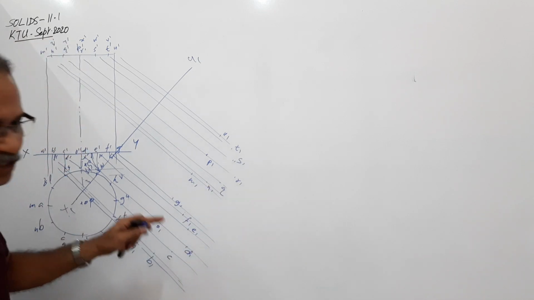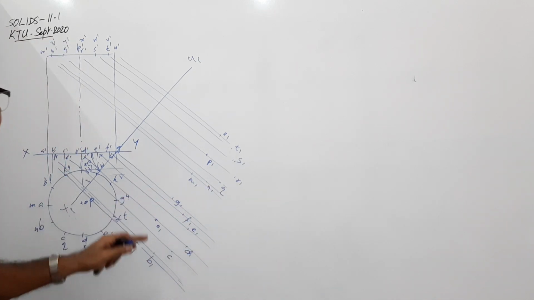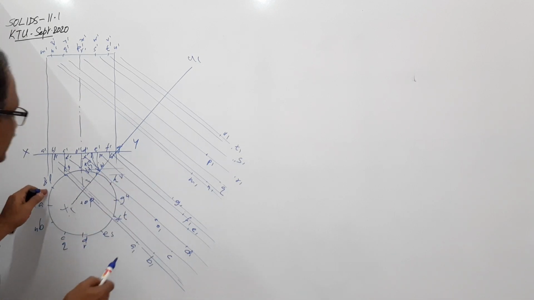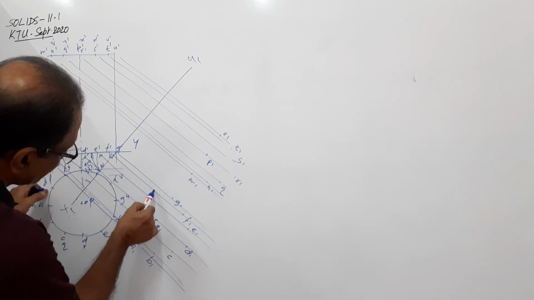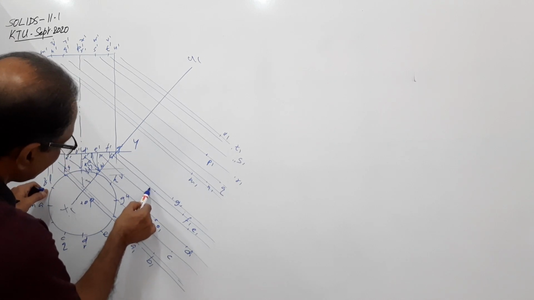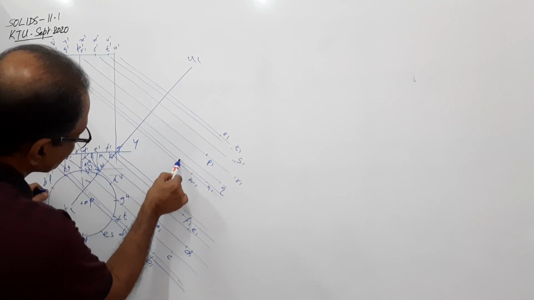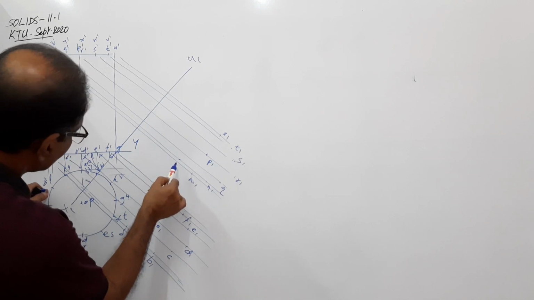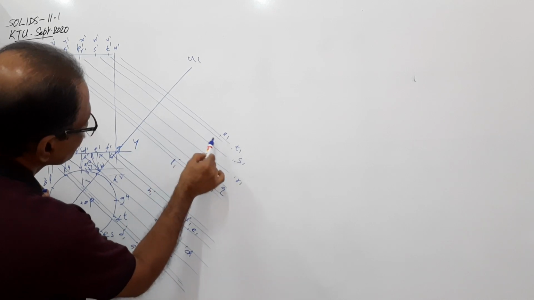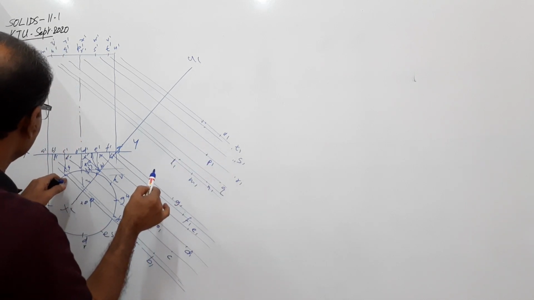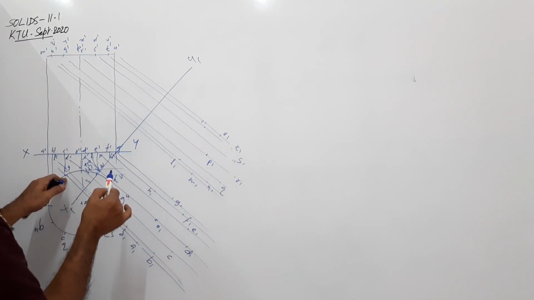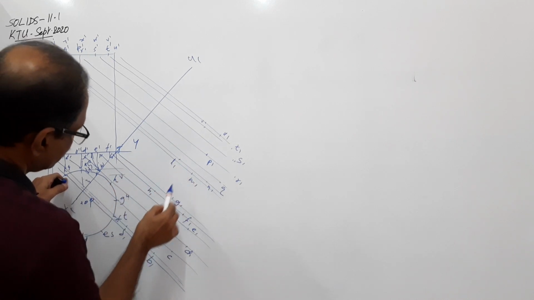I am drawing it very slowly for you to see and understand how quickly it can be done. Z, L: Z1, H1, L1, V1, Y, K.